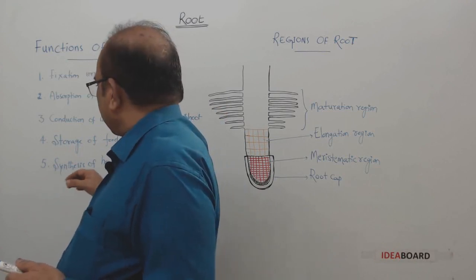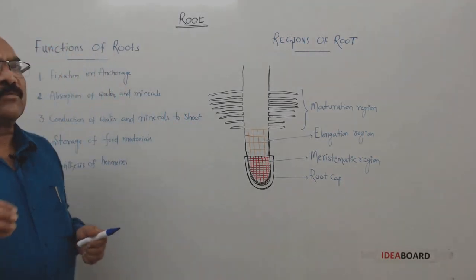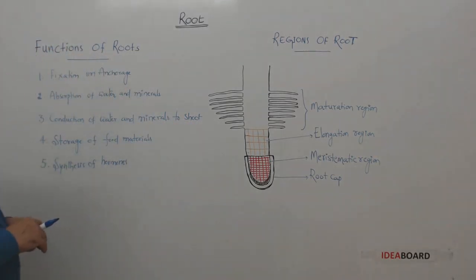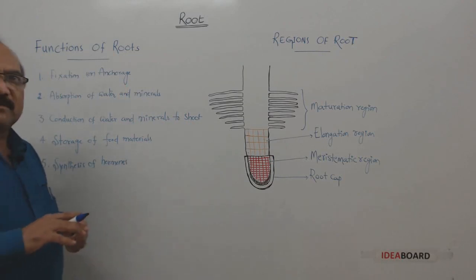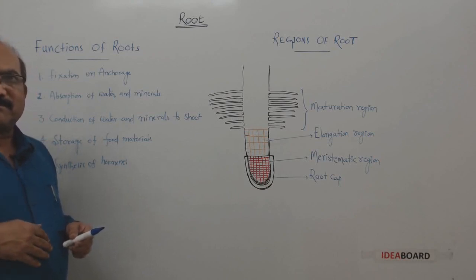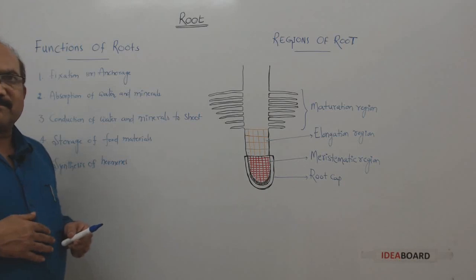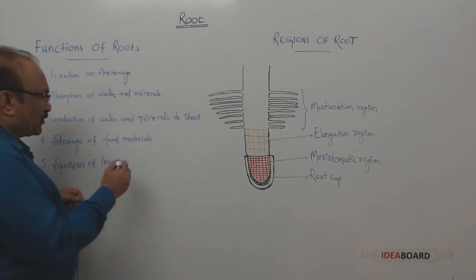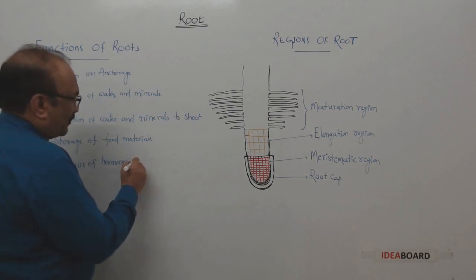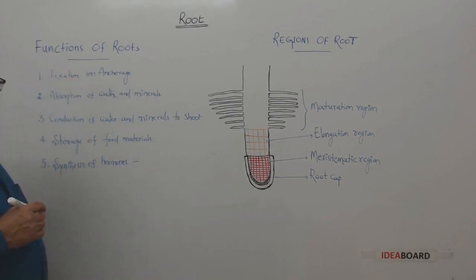And the fifth function is synthesis of hormones. Remember that the root system is a living system and it is growing just like the shoot system. For its growth, some hormones are required, and it won't depend on the shoot system for these hormones.